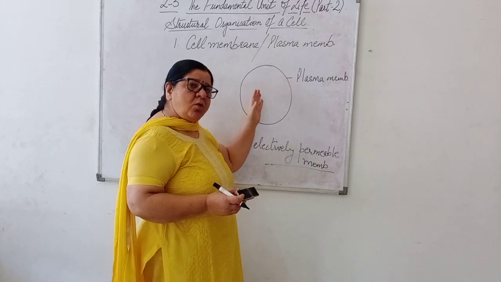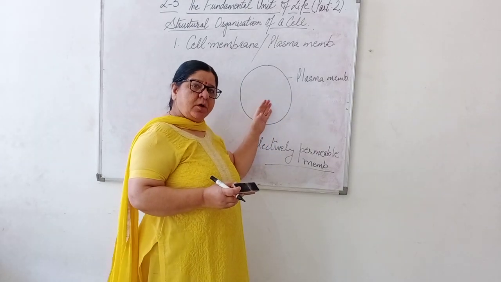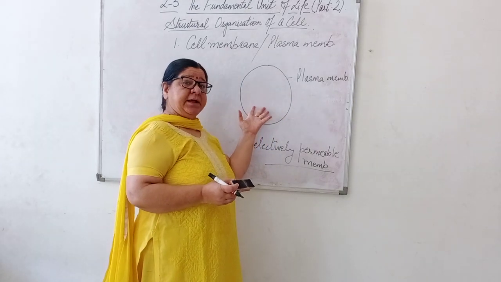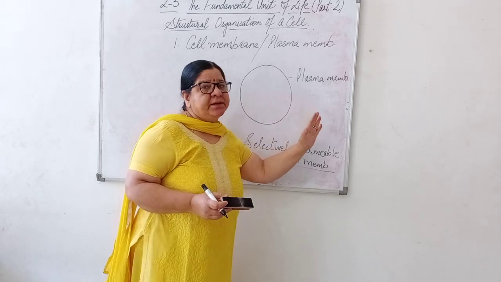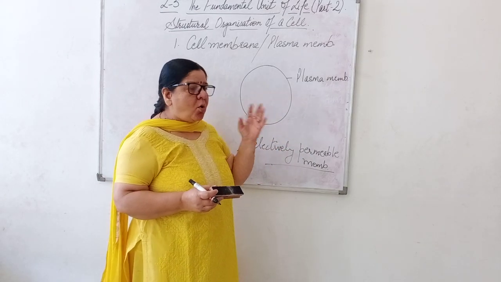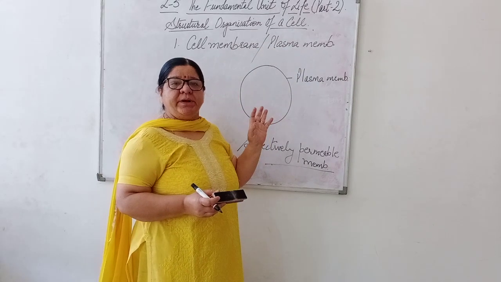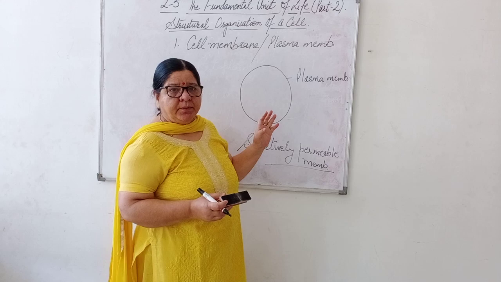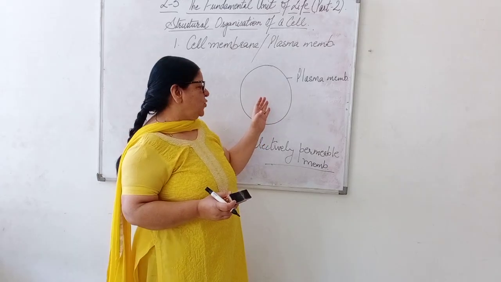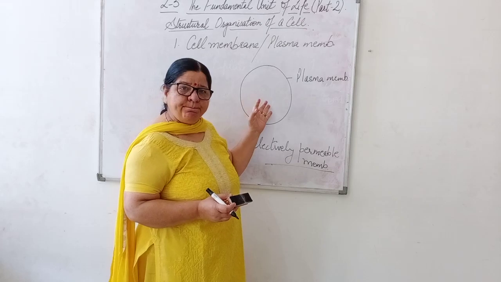Because it will allow only certain things to pass in or to enter inside the cell and to exit out of the cell. It does not allow all the things to pass through it. That is from the surrounding environment. Right? That is why it is known as selectively permeable membrane.